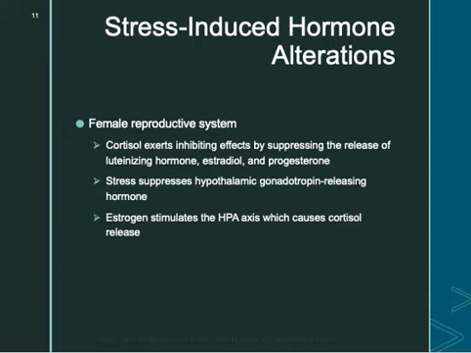When we get to endocrine, it's kind of a cascading event, or one hormone can kind of affect another one. So sometimes you'll see alterations there. But basically, your estrogen can stimulate that HPA axis, which can actually cause cortisol release as well.